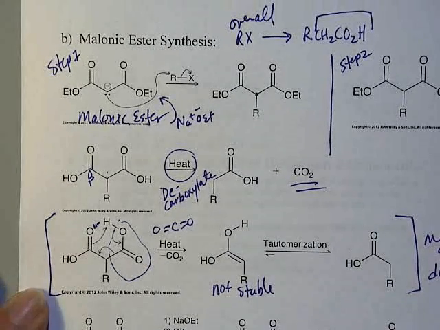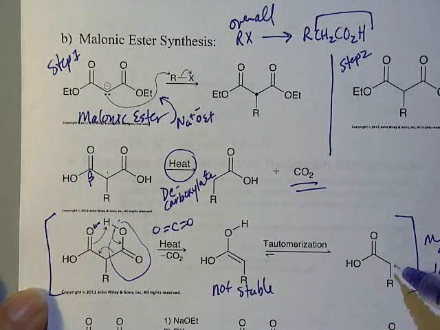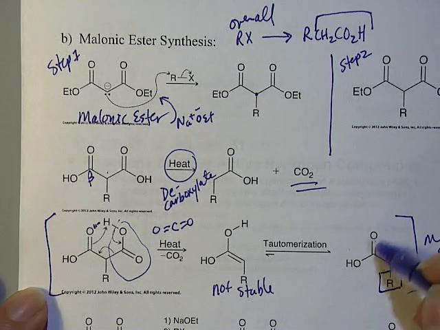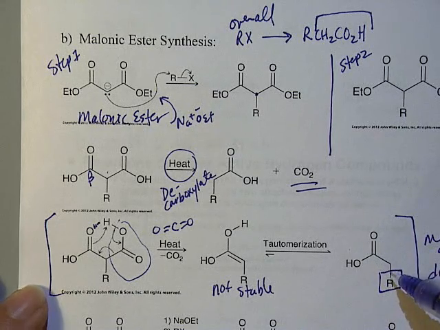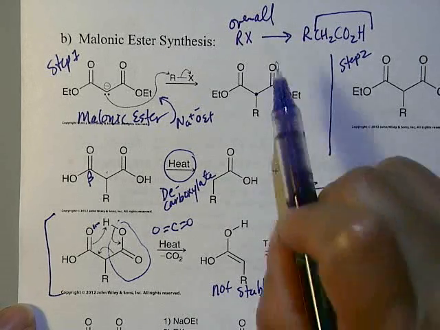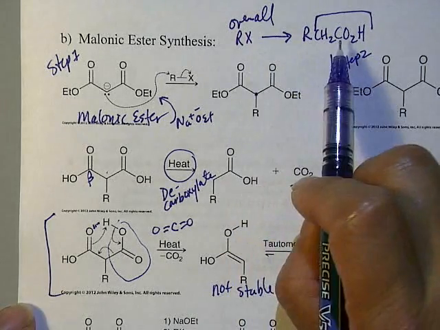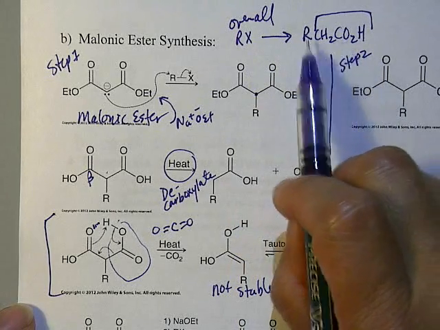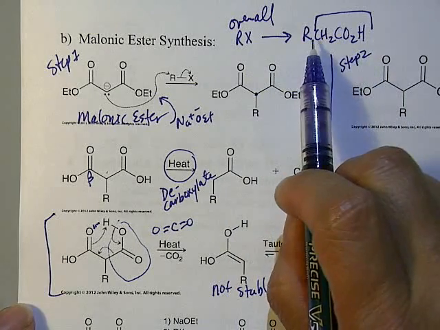So notice the overall transformation is that this R was from the RX of the alkyl halide, and you're adding CH2 and the carboxylic acid to the R group. And that's why this malonic ester synthesis is pretty useful, because it's a very easy way to put on 2 carbons with the functional group onto an R group.